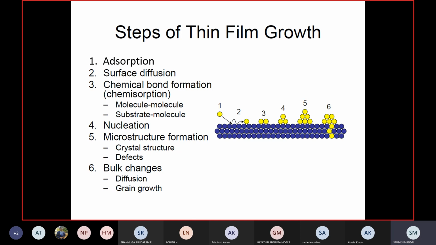Also, another thing. Let's say you are depositing TiO2, and you want to do the XRD. What will your approach be? These things are very important when you talk about microstructure development. First, you should do powder XRD.